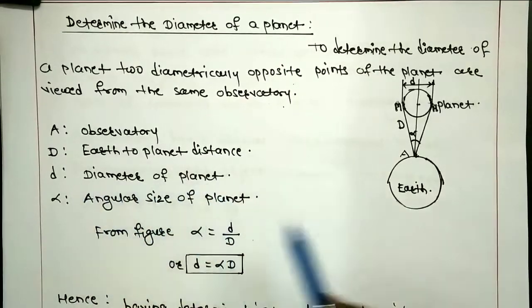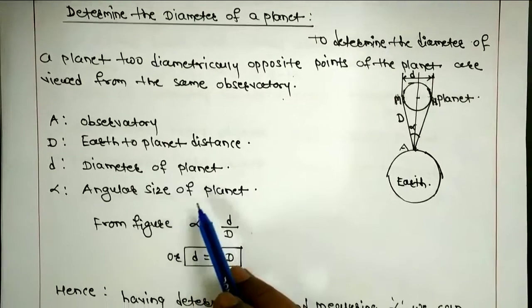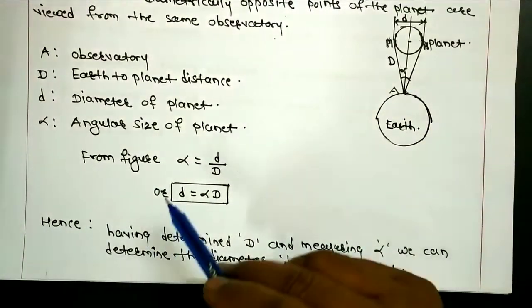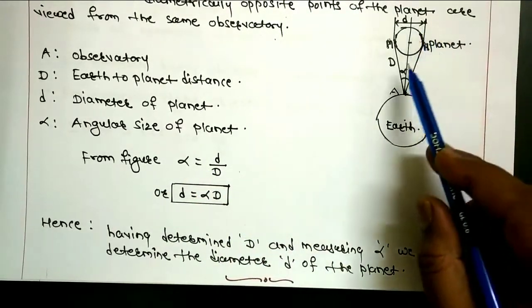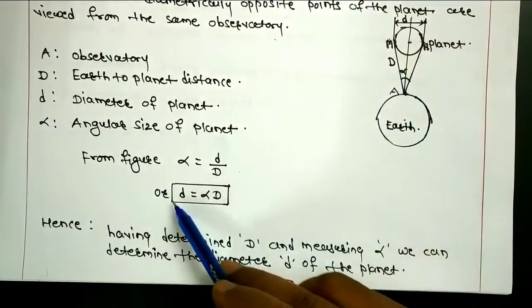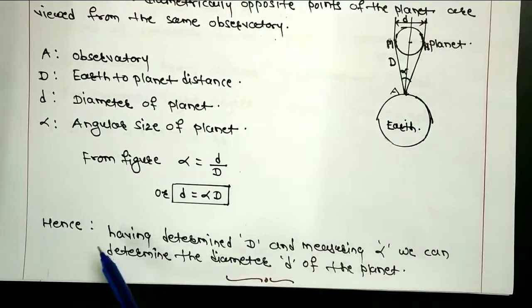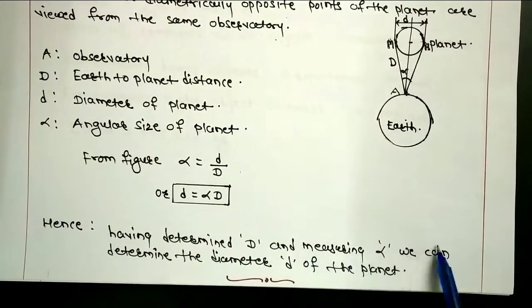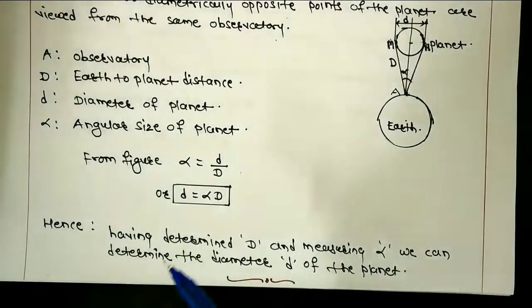Small d is the diameter of the planet. Alpha is the angular size of the planet. From the figure, alpha equals d by capital D, or small d equals alpha into capital D. Hence, having determined D and measuring alpha, we can determine the diameter d of the planet.